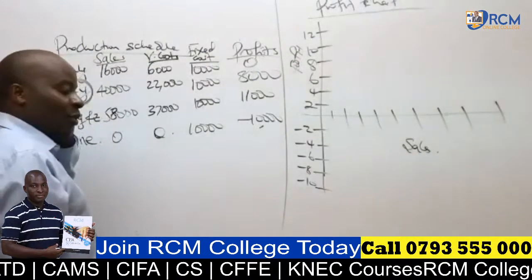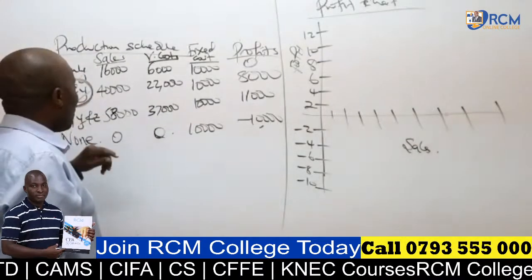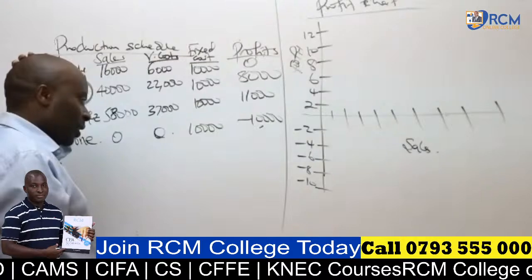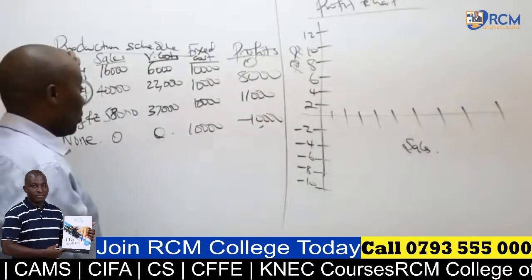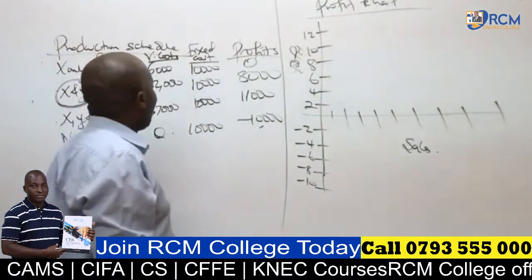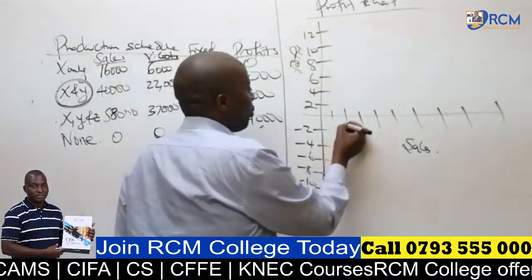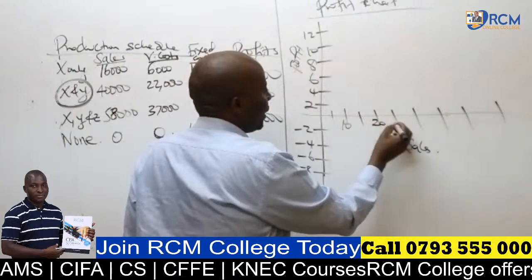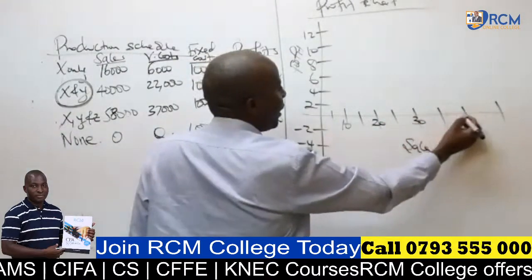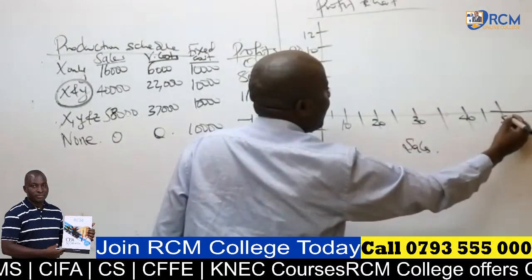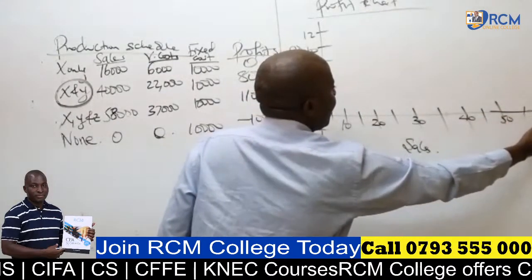So I can decide to do 10, 10, 10. After 2 boxes I do 10, then 20, 30, 40, 50, 60, like that.